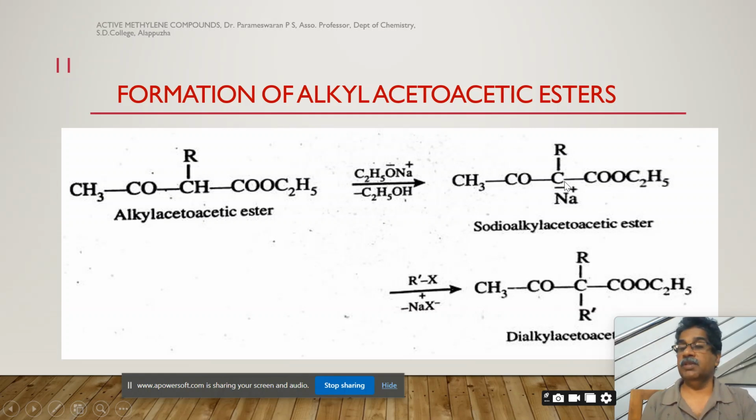When it is treated with an alkyl halide, maybe the same alkyl halide or a different alkyl halide R dash X, this H is now replaced by another alkyl group R dash. Now it becomes dialkyl acetoacetic ester. Such manipulation can be done because of the active methylene group present in acetoacetic ester. So this reaction is very important.